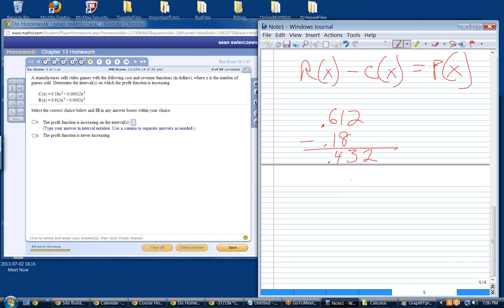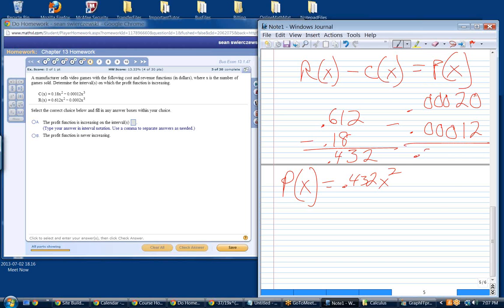So we got 0.432. So P of x is equal to 0.432x squared. And let's see. Here we got 0.0002, and we're subtracting 0.00012.